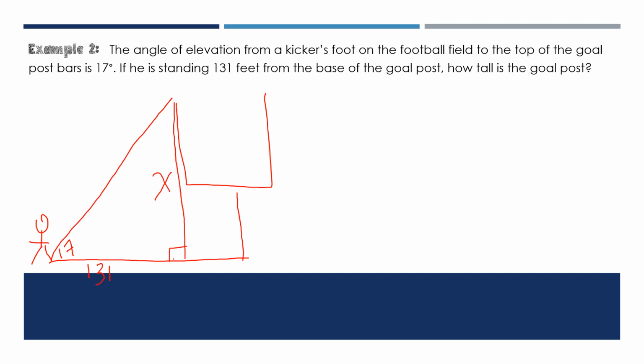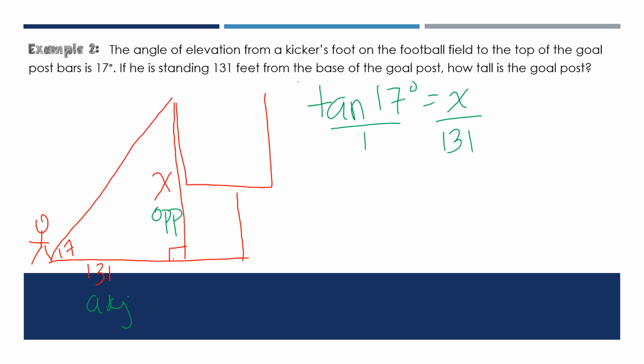x is our opposite leg, and the 131 is our adjacent leg, so we are going to be using tangent. We know the angle, so tangent of 17 degrees equals opposite x over adjacent 131. Create a proportion and cross multiply. x times 1 is just x, equals tangent 17 times 131.